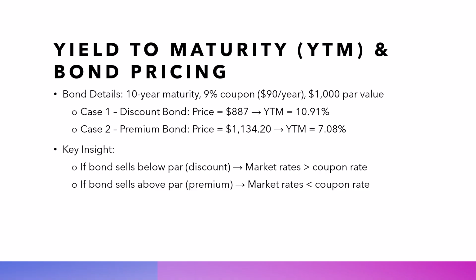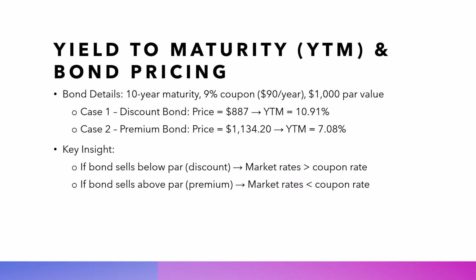Discount bond, the price is $887, which shows that the yield to maturity is 10.91%. Case 2, the premium bond price is $1,134.20. The YTM for that is 7.08%.